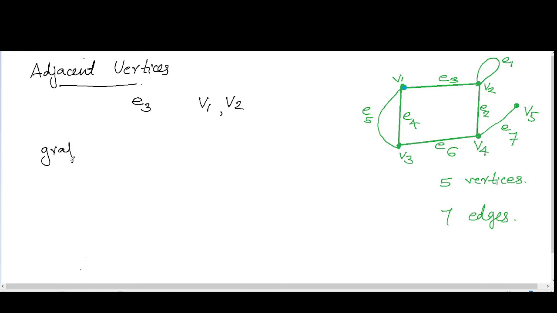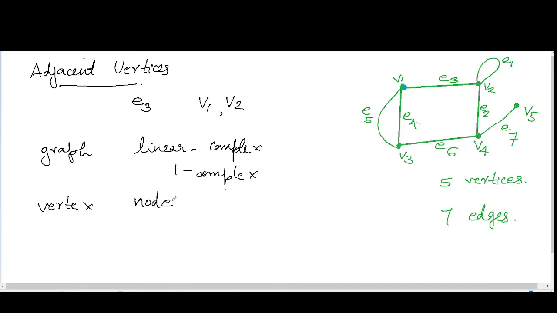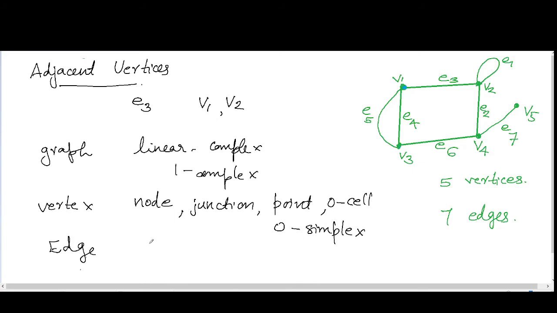Another name for a vertex, sometimes used, is node, junction, point, zero cell, zero simplex, etc. Another name for edge is branch, line, element, arc, one cell, one simplex.